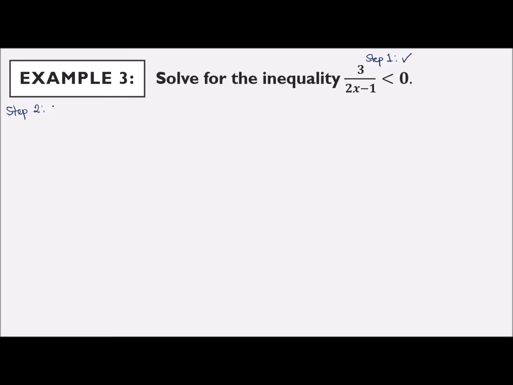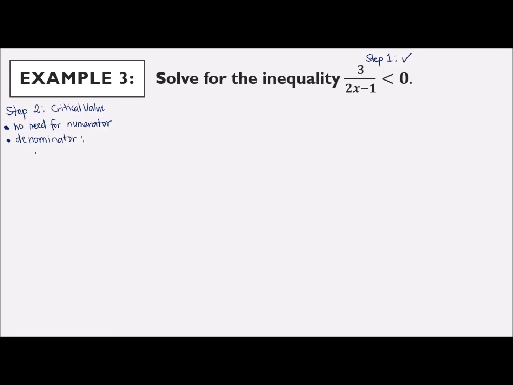Okay? So, step 2 ulit, critical values. May critical values pa ba dito sa numerator? Wala na, kasi whole number na siya eh. Okay? So, kukuha na tayo. No need for numerator. Kasi, yan ay whole number na. So, dito tayo ngayon sa denominator.